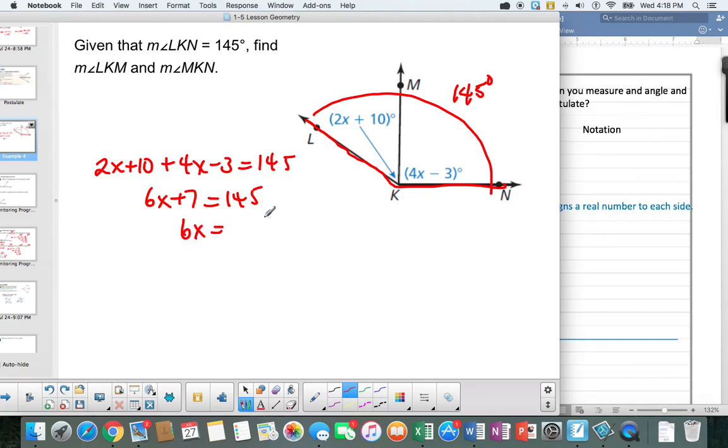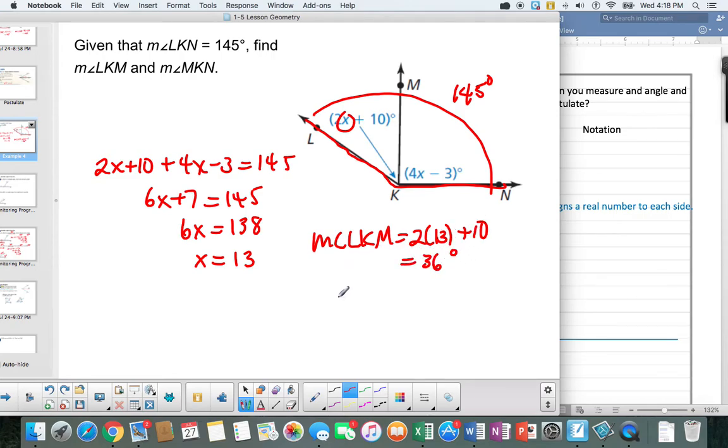6x will be equal to 138. So x is equal to 13. Now we're going to put 13 into here so that the measure of angle LKM is equal to 2 times 13 plus 10, which is 36 degrees.